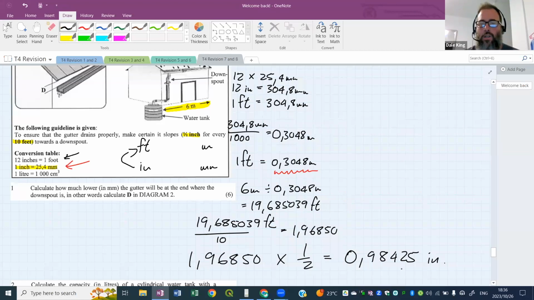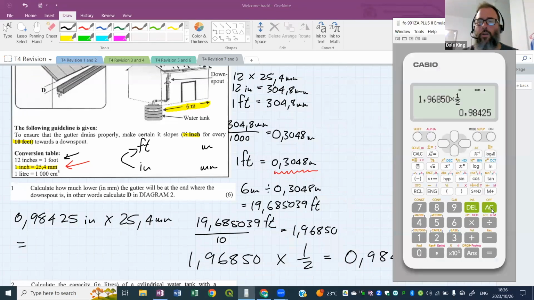I don't have 1 inch. I've got close to 1 inch. So on the left-hand side, I've got this many inches, 0.98425 times 25.4. It'll give me close to 25.4, won't it?